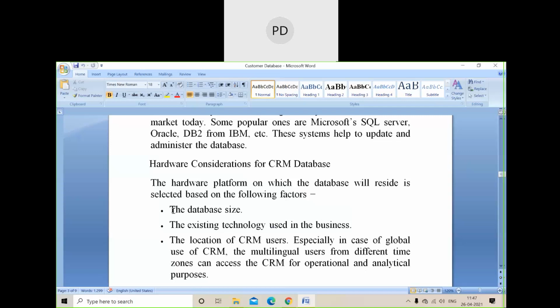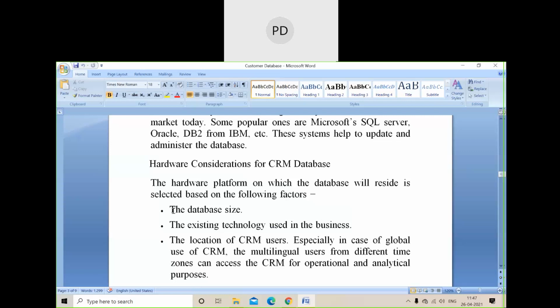Next is the existing technology used in the business. This is like the normal thing. Like a normal example I'm gonna give. Most of the time, the health IT companies, they are using MacBook in terms of protecting the information, because we know that security wise, MacBook is the one which gives security against data theft.